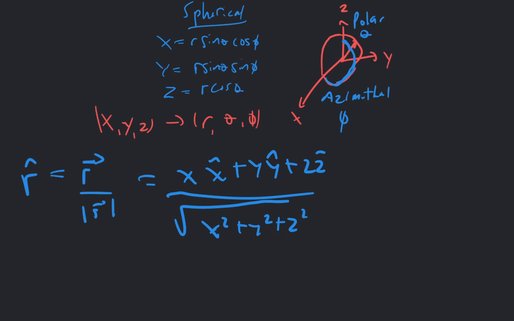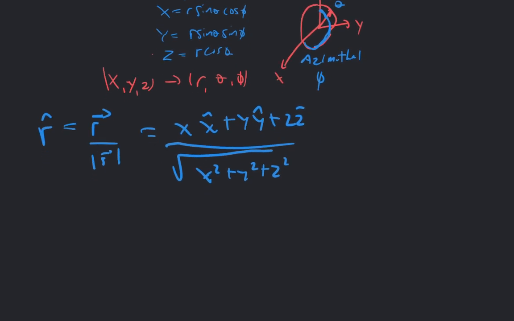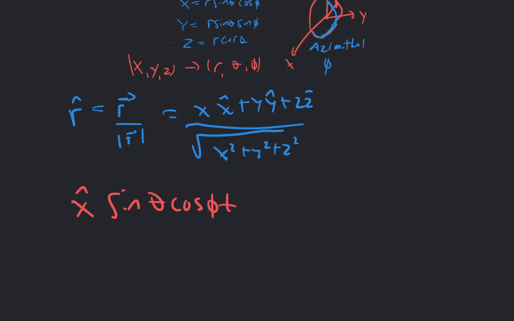You just plug in these values of x, y, and z into here, and then you solve for or isolate x hat, y hat, z hat, and you should end up with x unit sine theta cosine phi plus y unit sine theta sine phi plus z unit cosine theta.